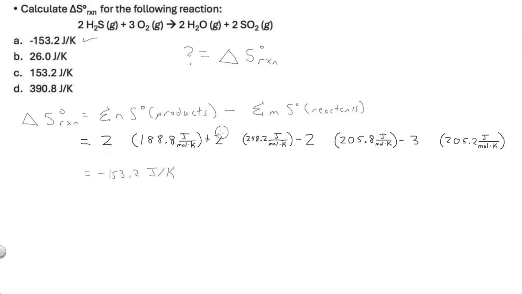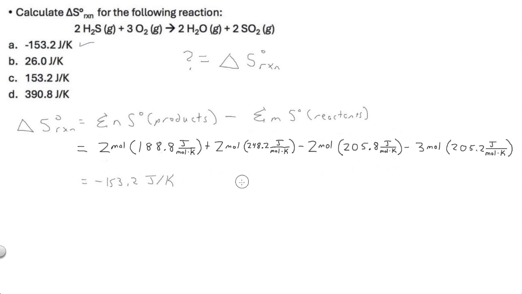What are the units for these stoichiometric coefficients, n and m? Well, in this context, we assign units of moles to each of the stoichiometric coefficients, and now you should be able to see that the units of moles will cancel.